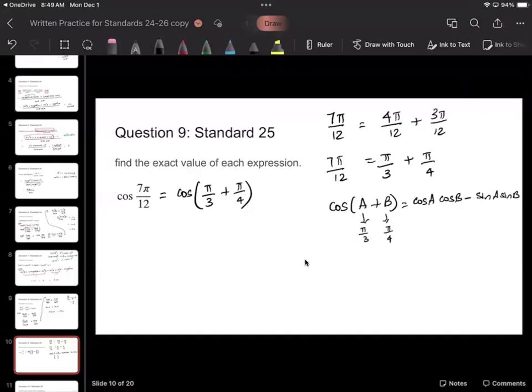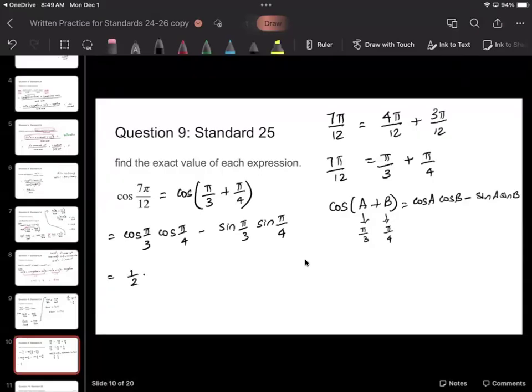Okay, I hope my formula is correct. So then this will become cosine A cosine B minus sine A sine B. Okay, what is cosine pi over 3? It's 1/2.